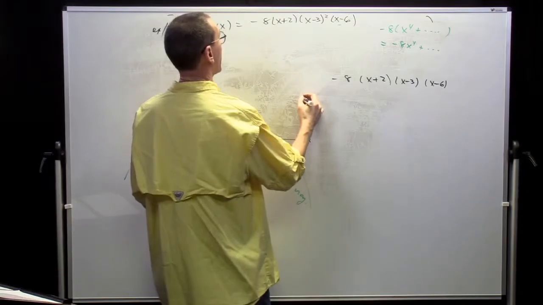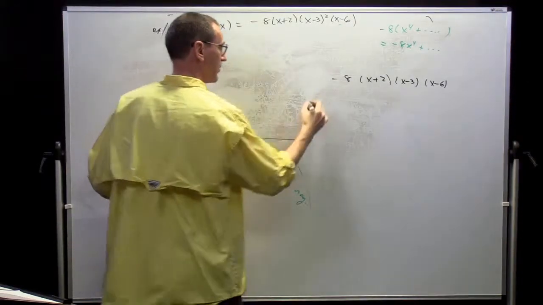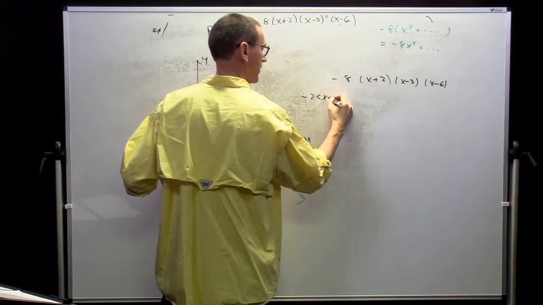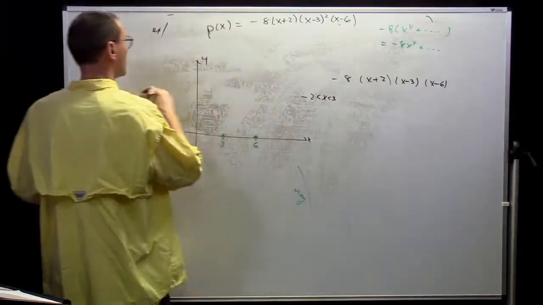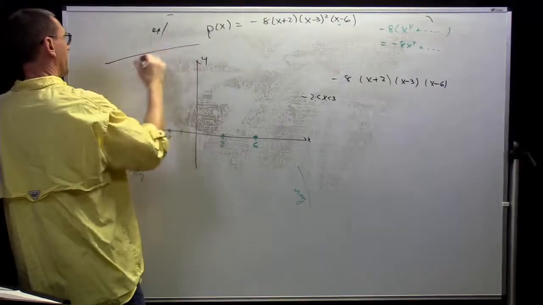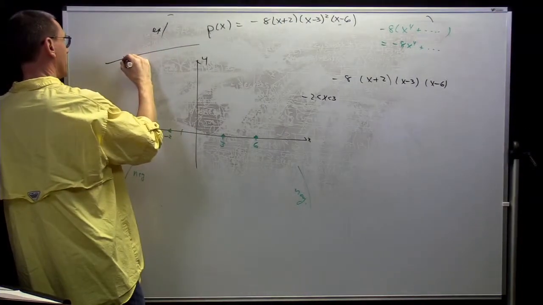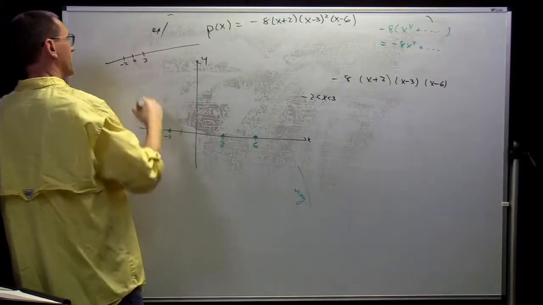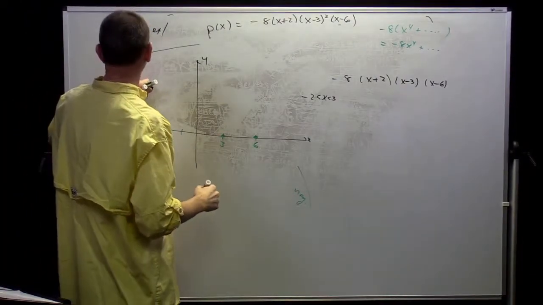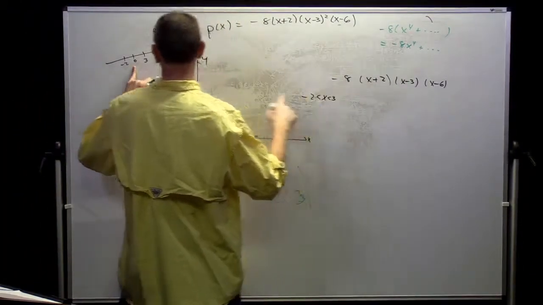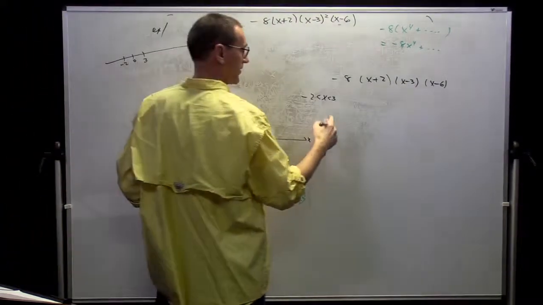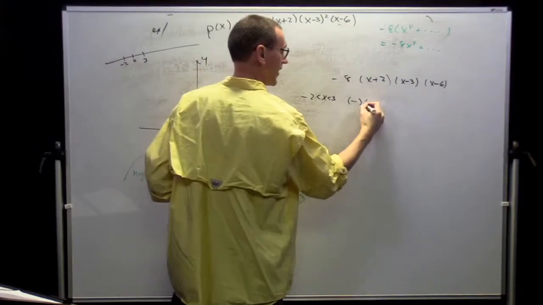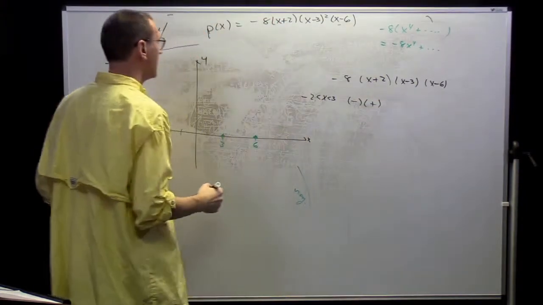Okay, so if x is between minus 2 and 3, and there's 0. If I take any number in here and add 2, it's got to go to the right of 0, so it's going to be positive. So minus 8 is negative, that's going to be positive.